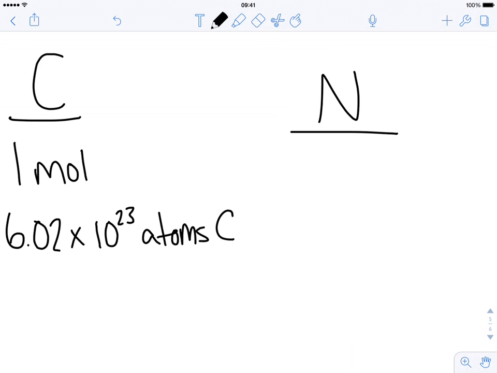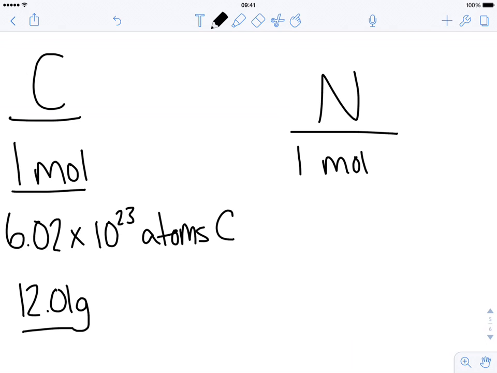In this case, we're talking about carbon. Now, if I asked you how many grams of carbon are in 1 mole, you get that number by looking at the atomic mass of carbon. So the atomic mass of carbon is 12.01. That means there are 12.01 grams of carbon in 1 mole of carbon.